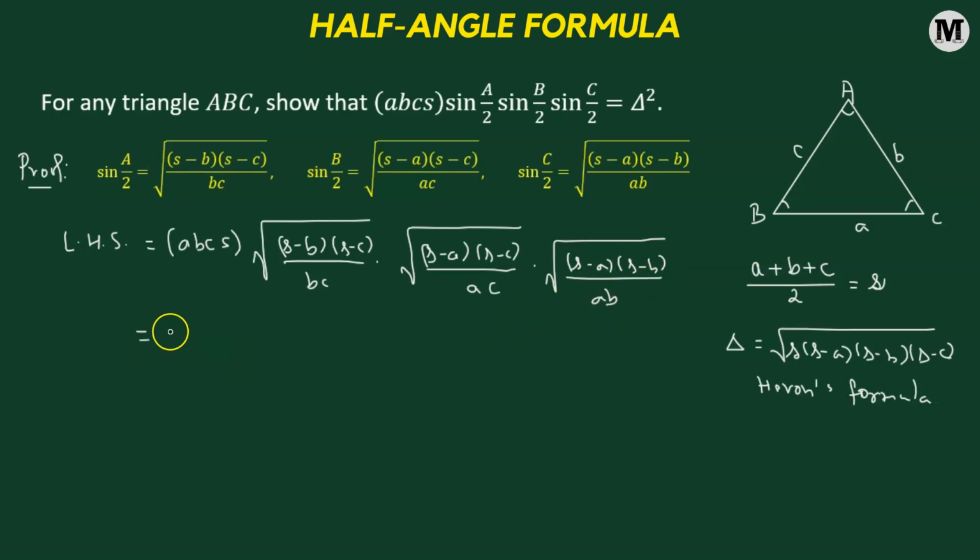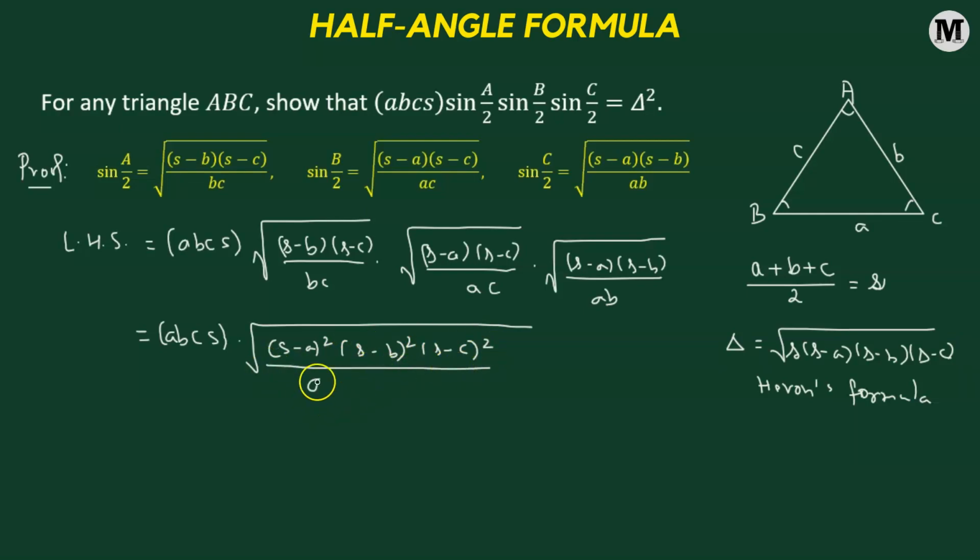So this will be equal to abc times s. We're going to take the product of all the three square roots. We have the square root of (s minus a) squared multiplied to (s minus b) squared times (s minus c) squared, whole divided by a squared, b squared, c squared.